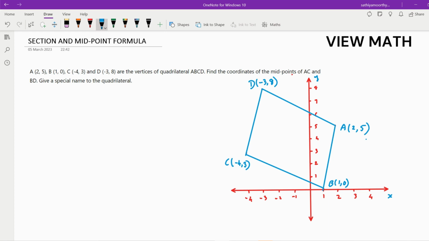So we have to find out certain properties and then we will confirm and give the name to the quadrilateral. First they are asking us to find the coordinates of the midpoint of AC and BD.